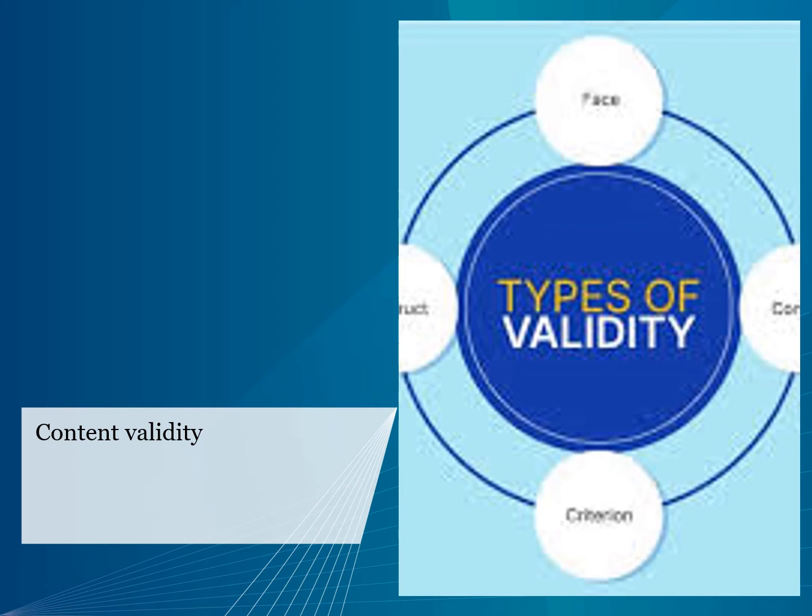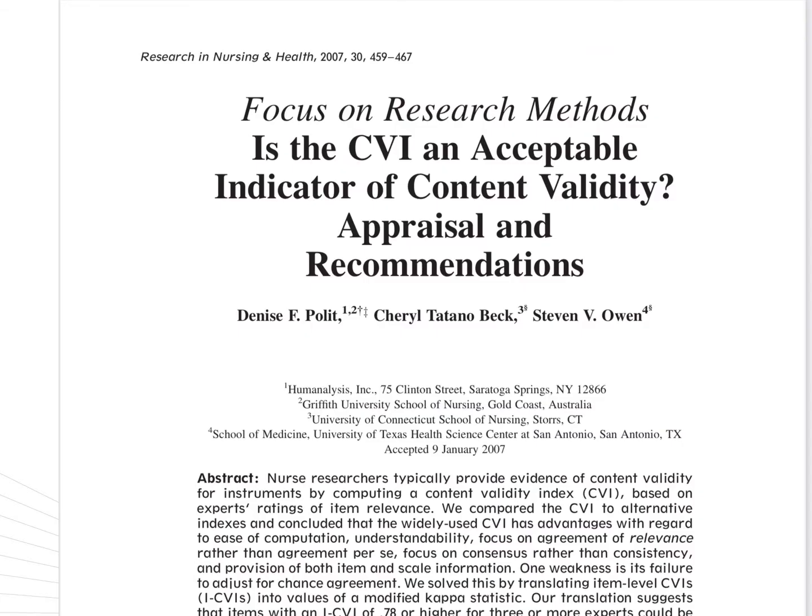Content validity. Again, I want to point you to an excellent article, this time not one that I've co-authored. This is in Research in Nursing and Health. It's by Polit, Beck and Owen, and it is the CVI, the Content Validity Index, which we're going to look at as a way of assessing content validity, an acceptable indicator of content validity, appraisal and recommendations.